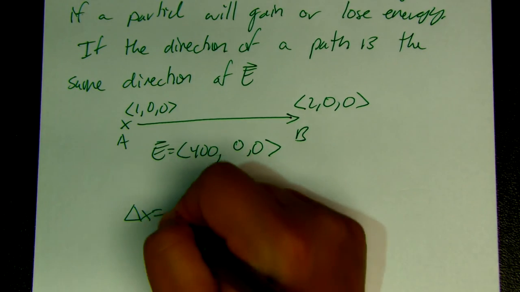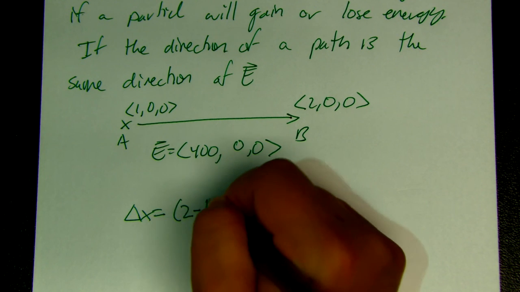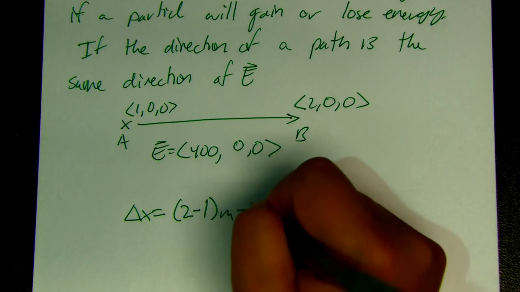Then delta x is going to be equal to 2 minus 1 meters. It's equal to 1 meter.